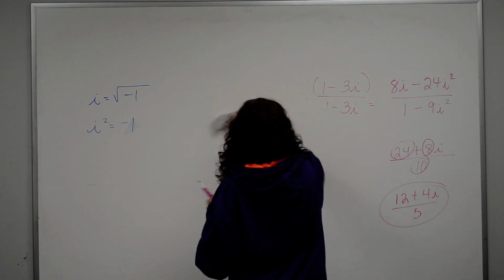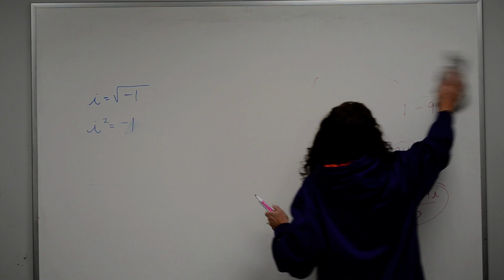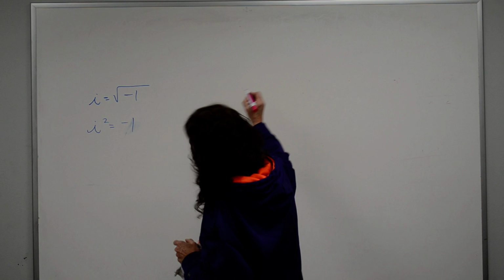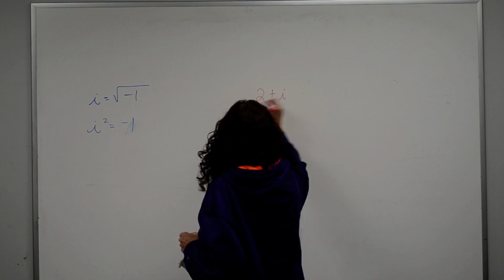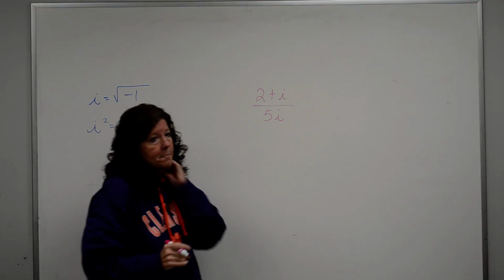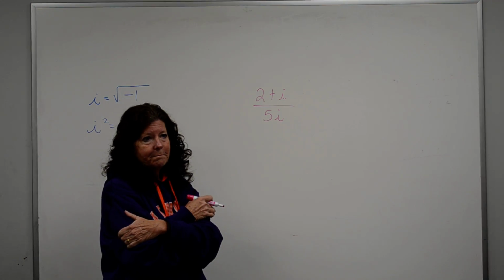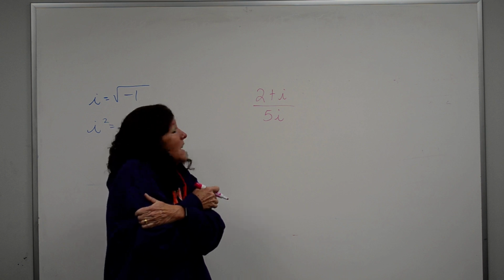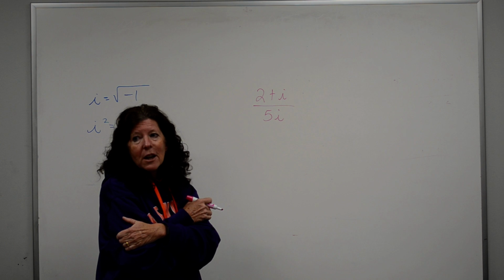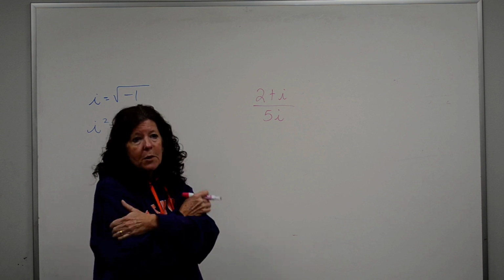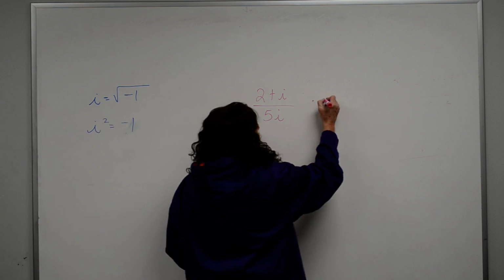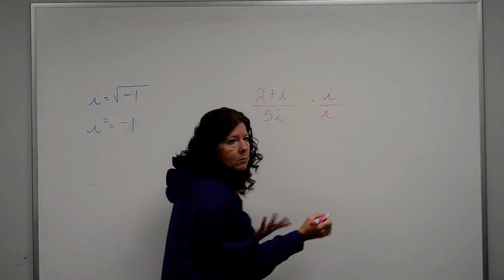What about something like this? What would I have to multiply that one by? 5i? I mean, I could multiply it by 5i, but what if I just multiply it by i? Would it not get rid of it on the bottom? A lot of people will say multiply it by 5i or negative 5i, but truthfully, then you just have to reduce it more at the end.